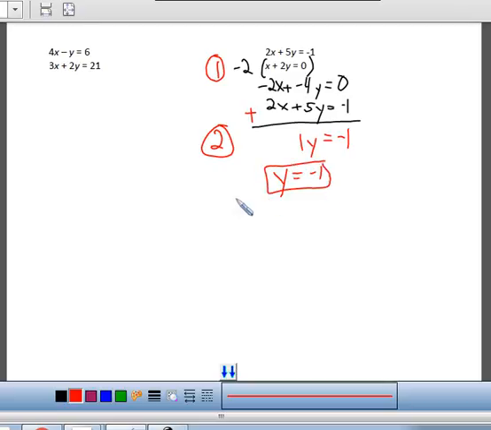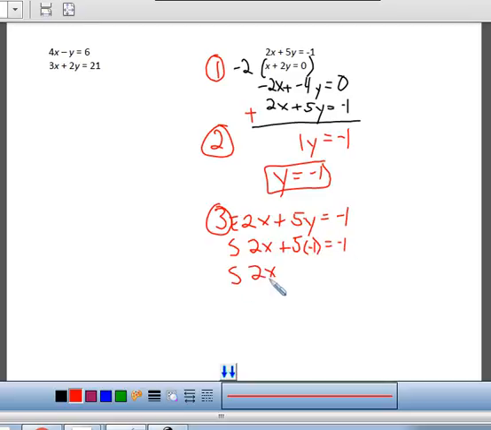Now let's use that to find x. Step 3. So 2x plus 5y equals negative 1. I'm going to substitute negative 1 in for y. So 2x plus 5 times negative 1 equals negative 1. 2x plus negative 5, that's the same as minus 5.